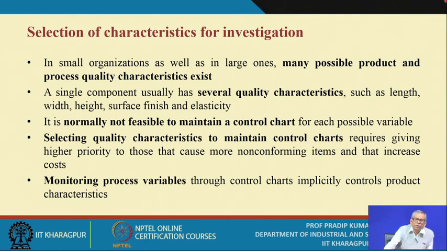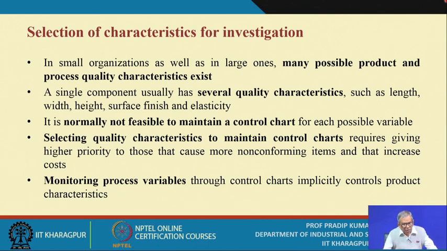And along with that, there is a high chance that you will be producing non-conforming output. It's clear. So these are the two situations you must be able to avoid, to prevent the occurrence of such situations. So you have to be very selective, and you select the quality characteristics for control charting in such a way that you are able to avoid these critical situations.